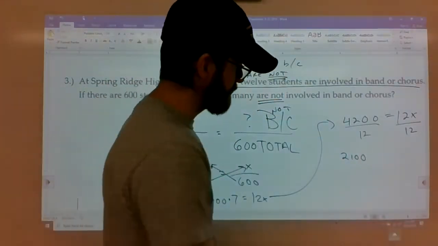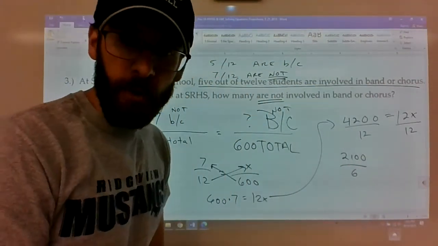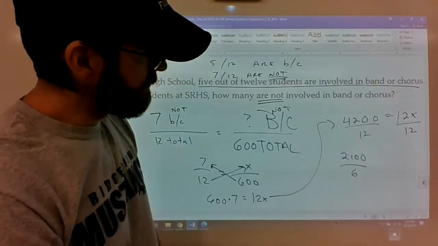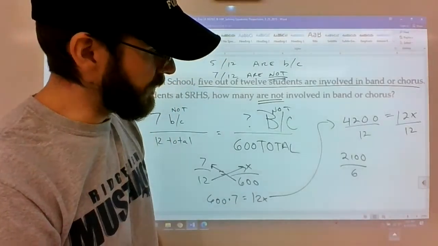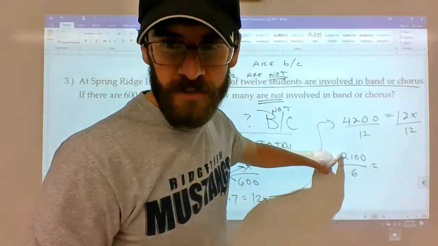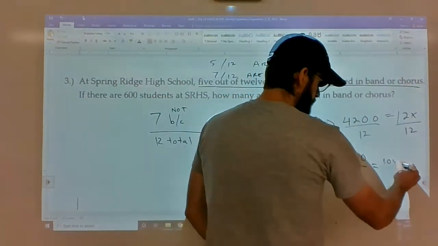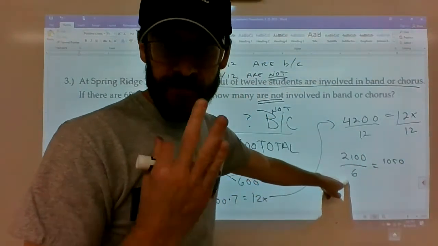Cut 12 in half. And we can keep moving if we want to. They're both even still. This would be, half of that's 1,000. Half of 100 is 50. 1,050. Half of 6 is 3.